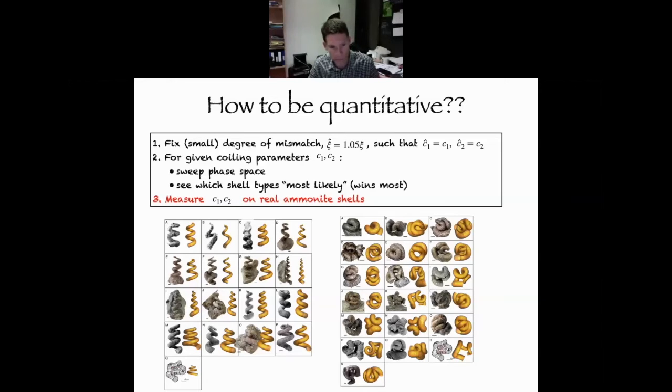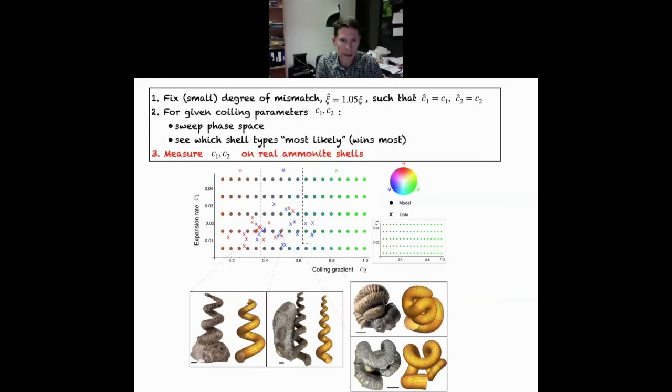I did this for something like 15 to 20 of the helicospiral and the meandering nipponite shells, and in that way we can put those shells on this diagram. That's what the X's are here. The red X's are the helicospiral ones we sampled, and the blues are the meandering. And it's roughly agreeing with what our model predicted.